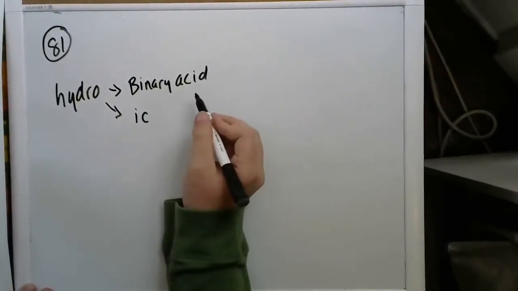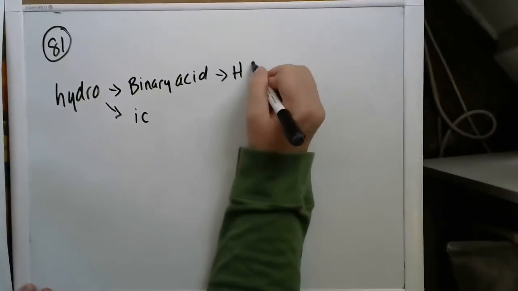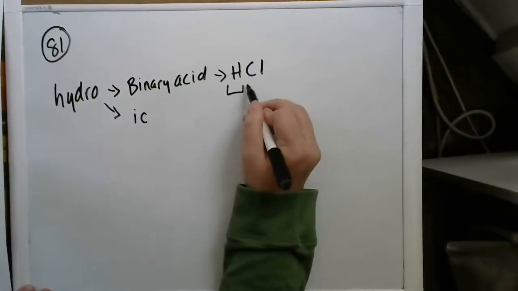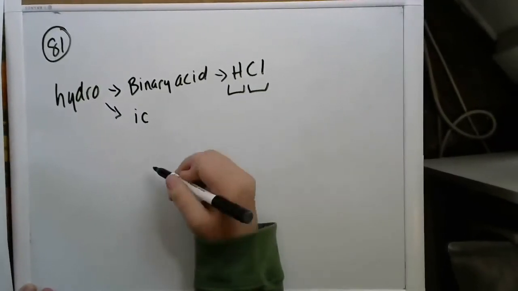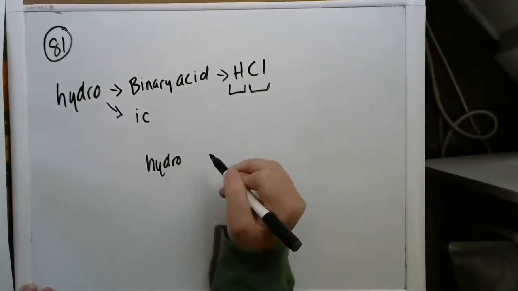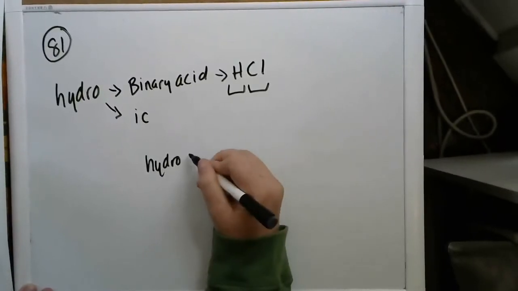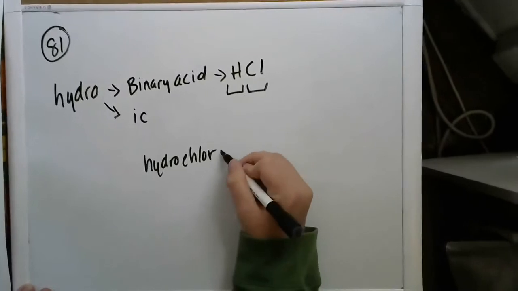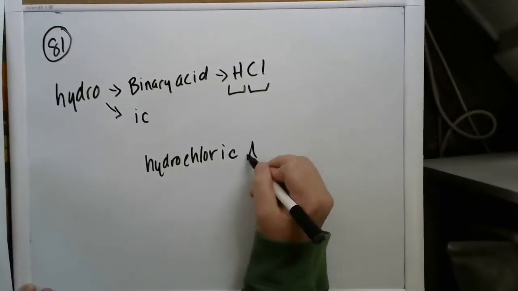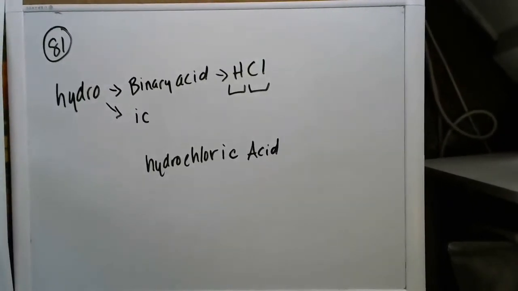An example of a binary acid is something like HCl. It's binary because there are 2 atoms that make it up. So the name of this would be hydro, and then you take the root of the anion, then you add the IC ending, and then you write acid. Okay?